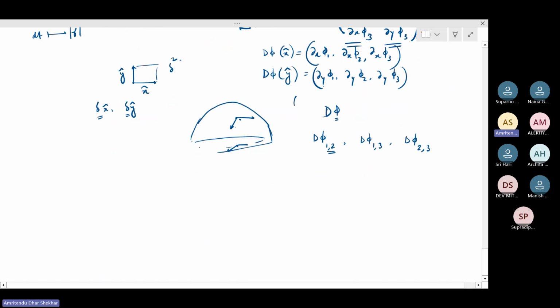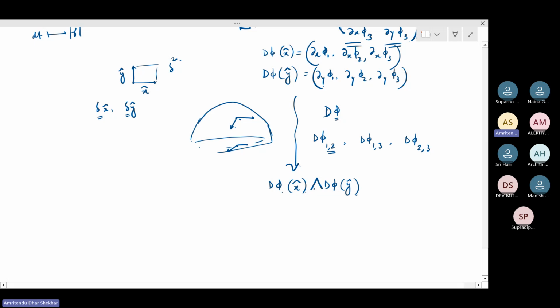So what this is basically doing is that, this will just introduce more linear algebra, but you are taking this d phi of x cap and this d phi of y cap, you're taking these vectors and you're taking a wedge product of the two.